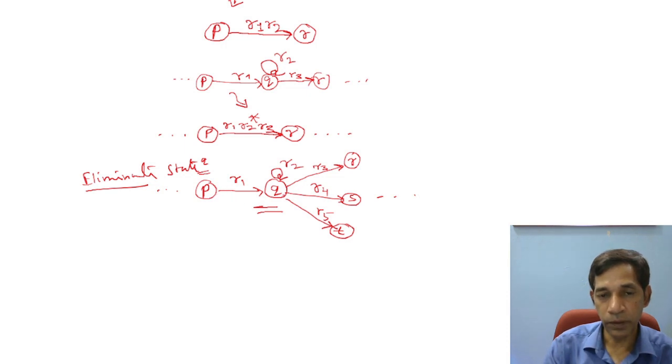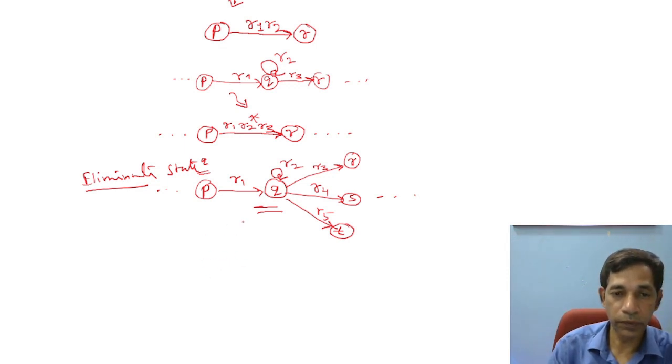From P you are going to Q for R1, then from Q you have the loop for the regular expression R2, then you can go to R, to S, or to T.